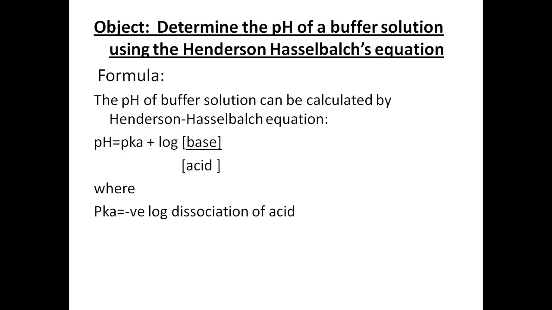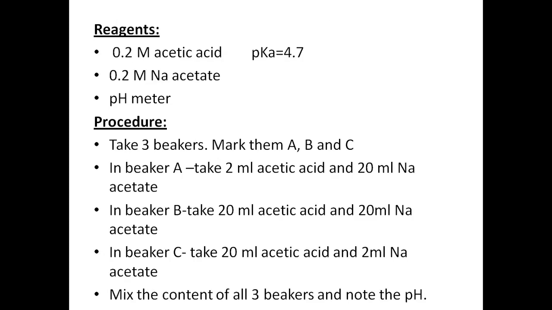The reagents we are going to be using here are 0.2 M acetic acid, 0.2 M sodium acetate, and a pH meter. For acetic acid, the pKa is 4.7. It's a constant value. Okay.